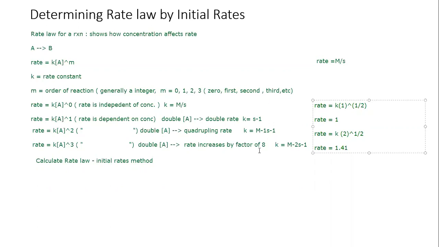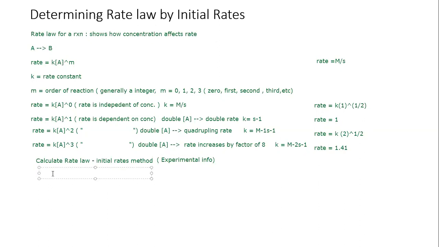So now, calculating the rate law, again, this is done from experimental information. You have to have experimental data to calculate the rate law. The way we calculate it by the initial rates method is, we're still assuming we have this one reactant equation.